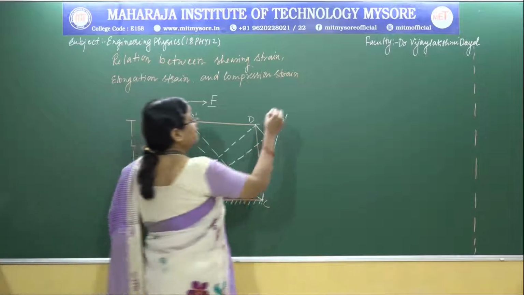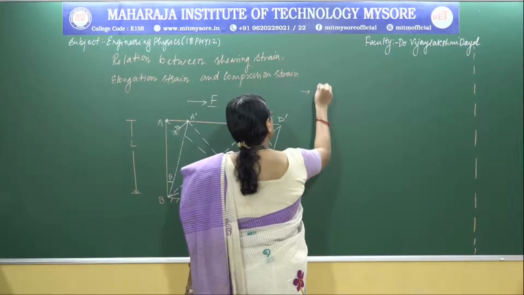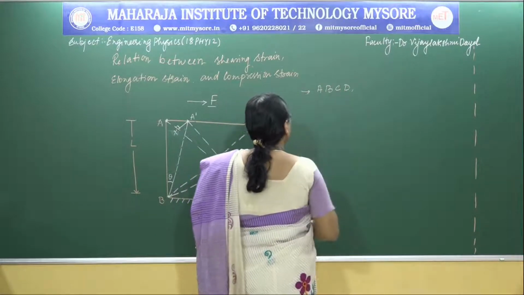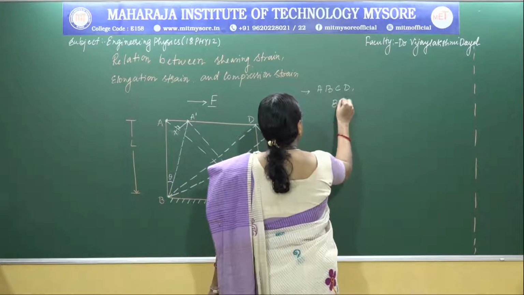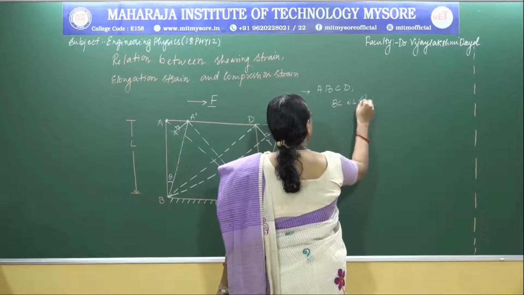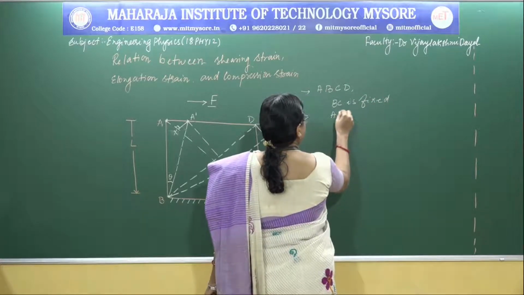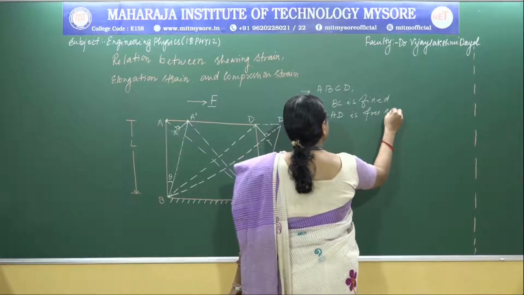So in short, if I explain this figure, consider the surface ABCD of a cube where BC is fixed and AD is the free surface.